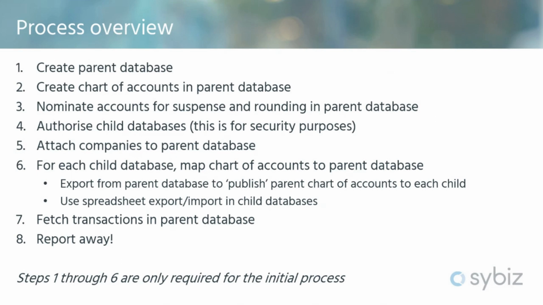So you might introduce some new accounts into the consolidated company's chart of accounts. And it's just the process of exporting those accounts to the child databases again. But in the event that you have a static chart of accounts and you're happy with your initial setup, then it's really only steps 7 and 8 that you repeat on a, say, annual basis or quarterly basis or whatever frequency you're going to be doing your consolidated reporting.